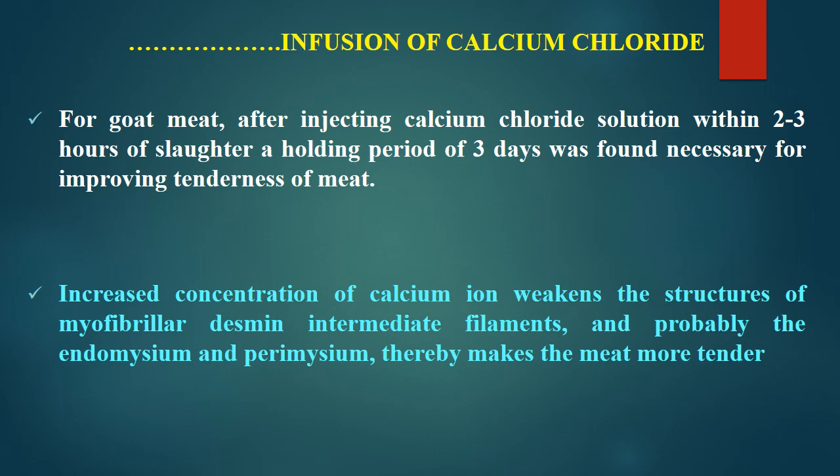Increased concentration of calcium ion weakens the structures of myofibrillar desmin intermediate filaments. So the action of calcium is on the Z line, where there is desmin protein, a myofibrillar protein, particularly at the Z line, that gets weakened, and probably the endomysium and perimysium. It acts also on the connective tissue protein, endomysium and perimysium, and thereby makes the meat more tender.